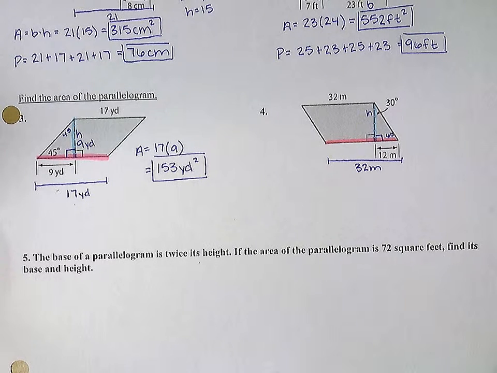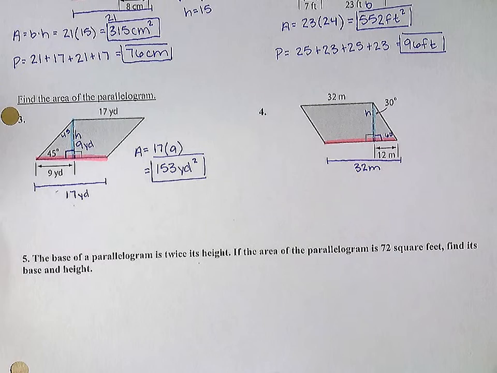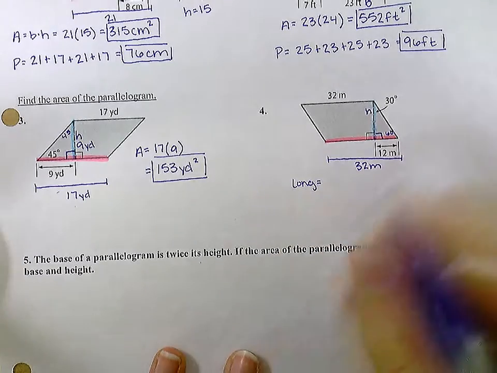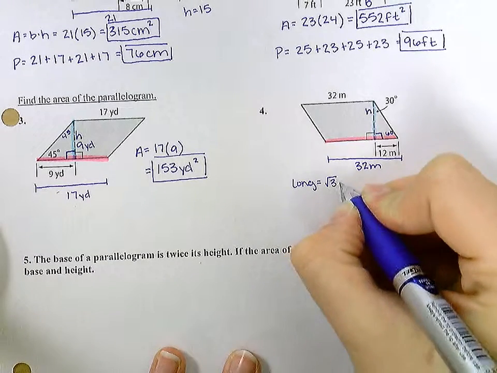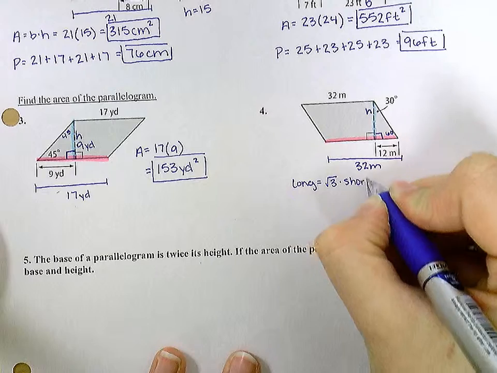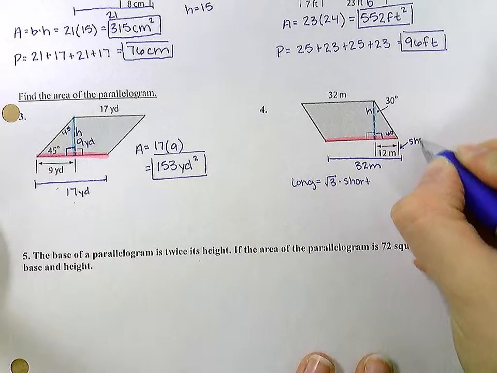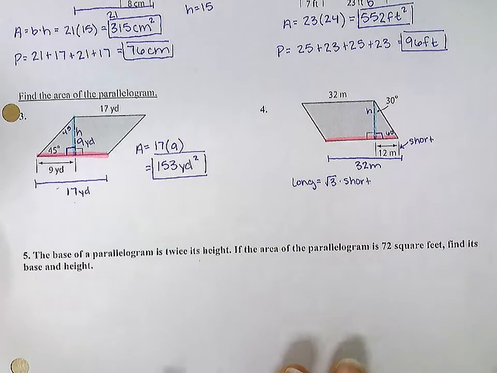So I'm going to use this formula right here. Our long side is equal to the square root of 3 times the short side. Again, this one is the short side.